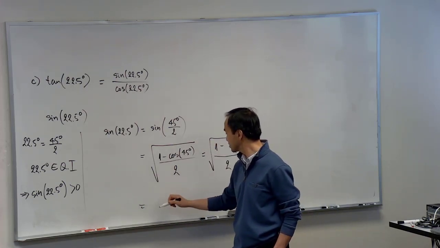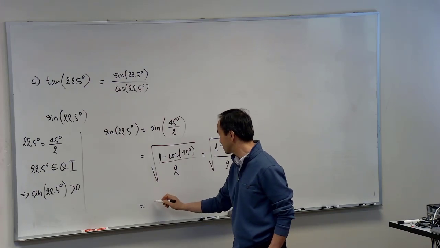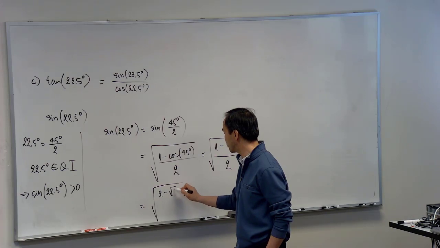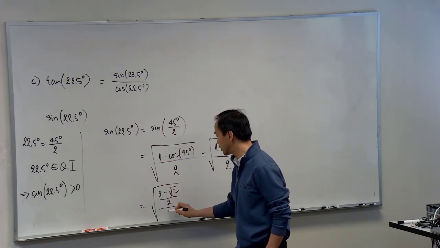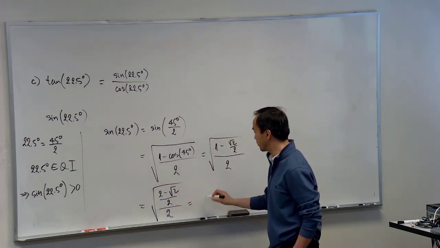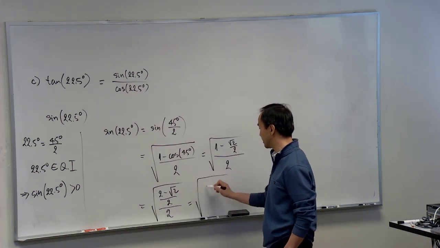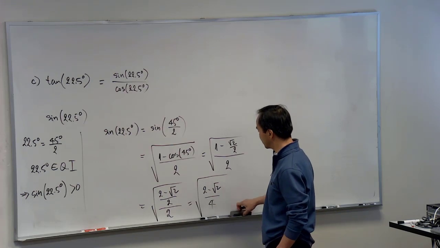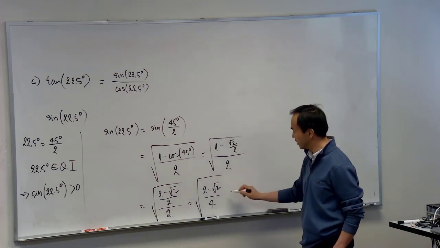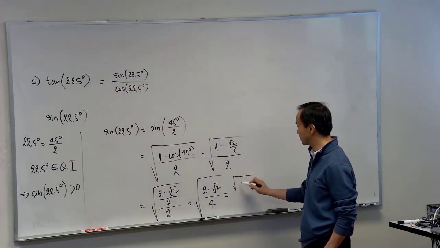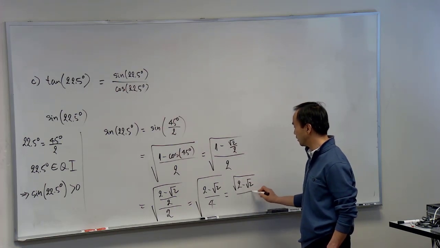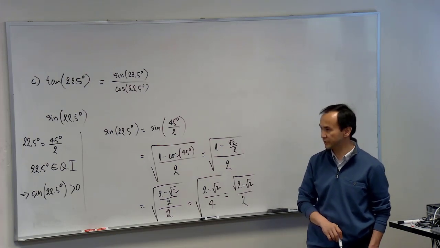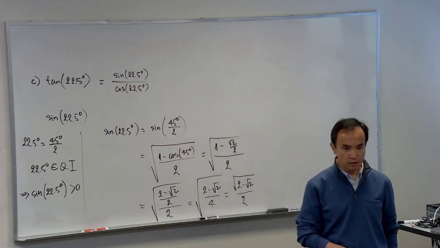So now it's the square root of 2 minus square root 2 over 2, and over 2. That all reduces down to the square root of 2 minus square root 2 over 4, and we can reduce that down to the square root of 2 minus square root 2 over 2. That's sine of 22.5 degrees again. But that's not our goal of the problem.